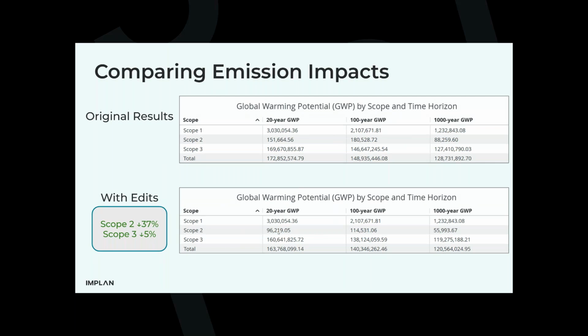Scope 2 really is a pretty small portion of the total emissions. So when you look at the total and compare those, it's about a 5% difference as well, since scope 2 doesn't make a huge impact given the magnitude difference between scope 2 and 3. But the totals do change as you look at that 100-year time horizon global warming potential impact, being at almost 150 million kilograms of CO2, where we have 140 million down here.